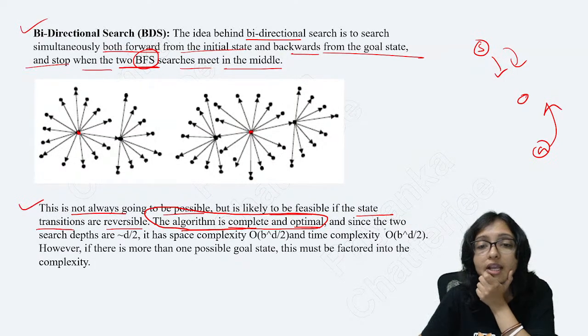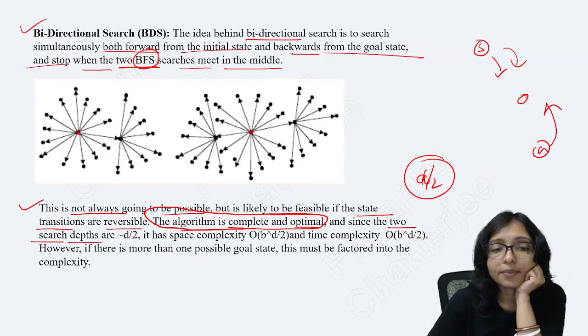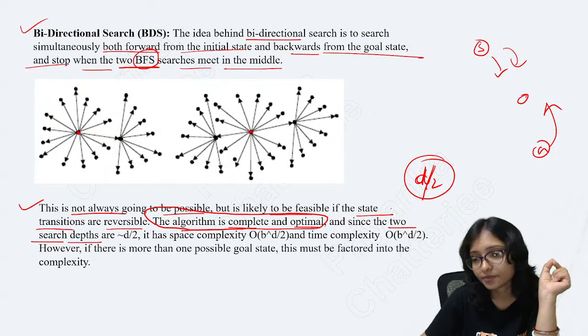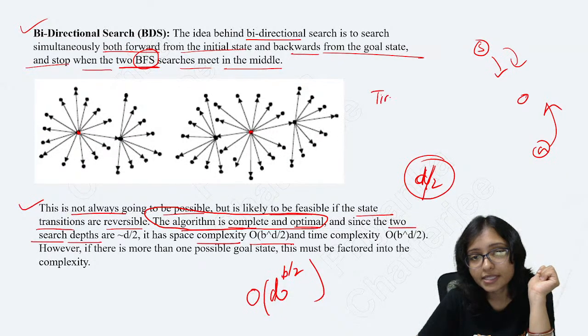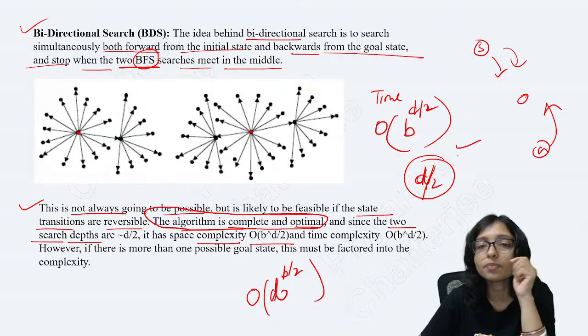Since the two searches each go to depth d by 2, the time complexity will be order of b to the power d by 2, because at a time I am doing both sides. The space complexity will also be order of b to the power d by 2.